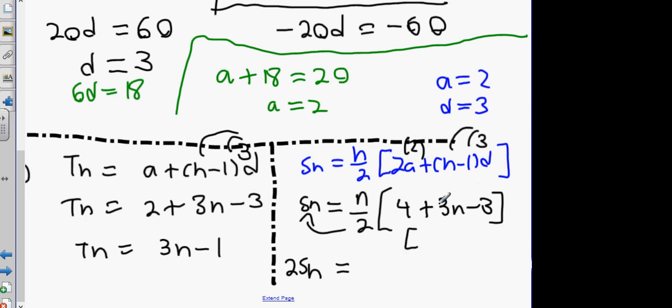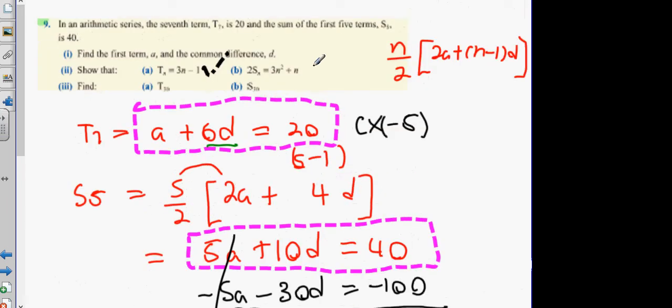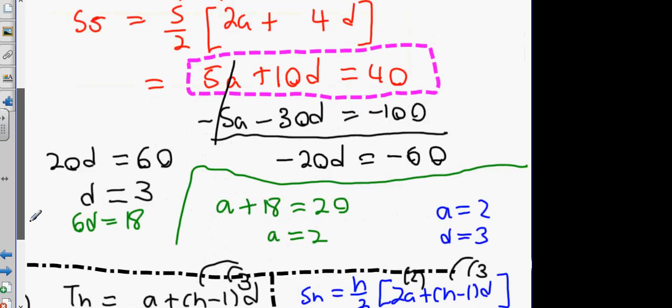I'm just going to quickly write it in underneath. It's going to be 3n plus 1, because 4 minus 3 is plus 1, and that's 3n. Now you multiply it by n, and you're going to get 3n squared plus n. And I'm pretty sure that's what we're asked to prove. 3n squared plus n.